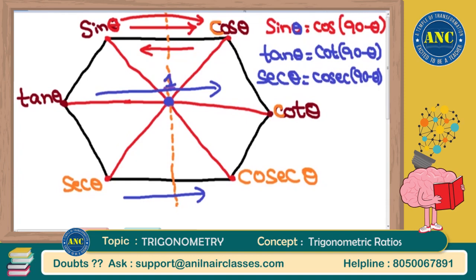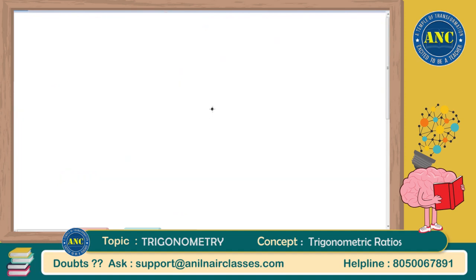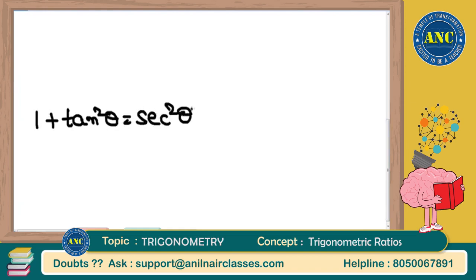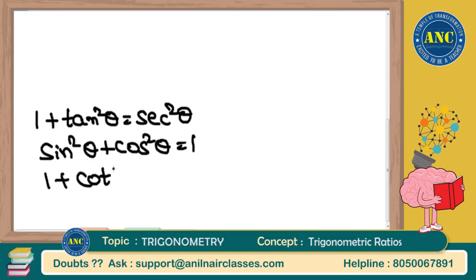This is another explanation in the super hexagon. Now see here, sir, we all know this beautiful thing. This is where my explanation of the super hexagon started. One of my friends asked me how 1 plus tan square theta is equal to secant square theta, how sin square theta plus cos square theta is equal to 1, and how 1 plus cot square theta is equal to cosecant square theta.